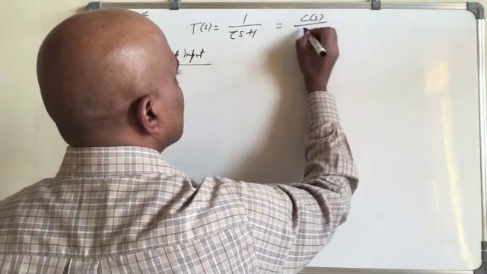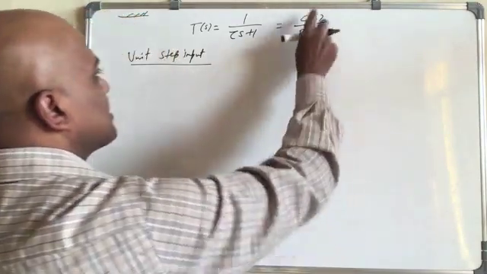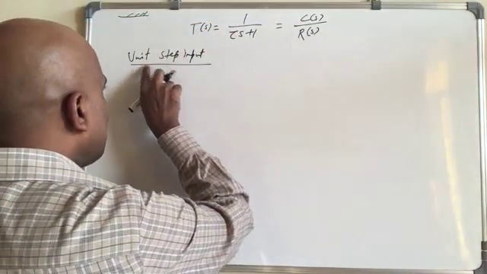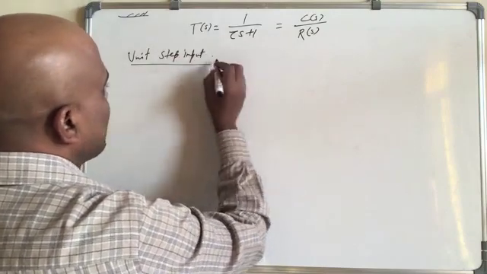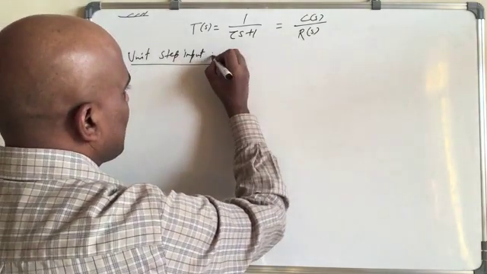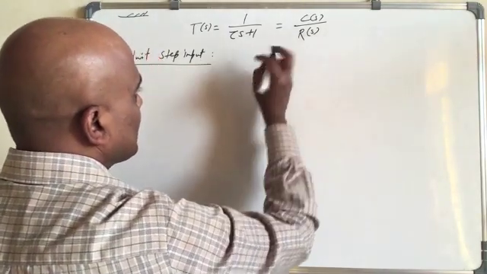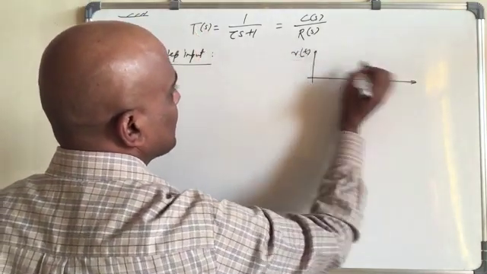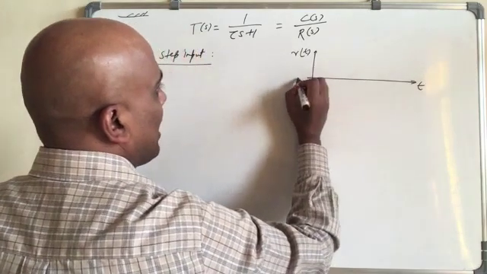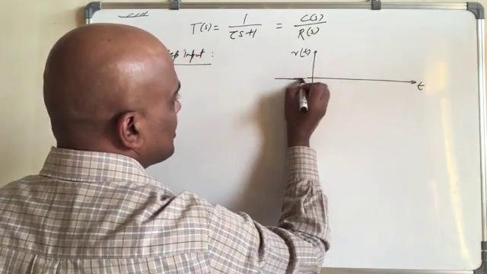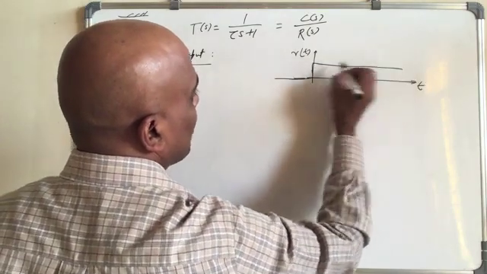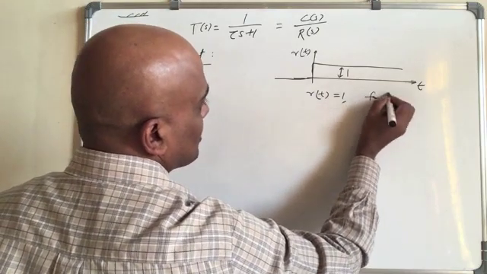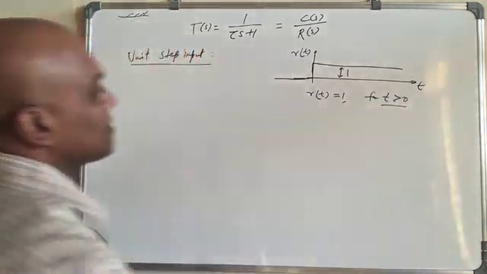C(s) is the output and R(s) the reference input. The unit step input really means R(t) is 0 for t less than 0, and at t equal to 0 this becomes 1. So r(t) equals 1 for t greater than 0.